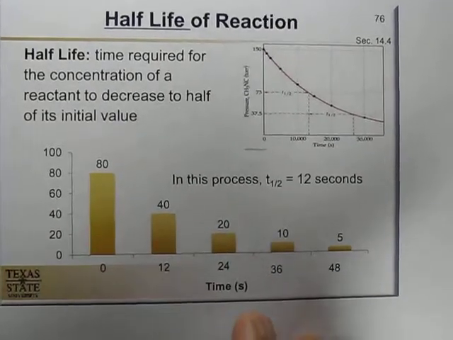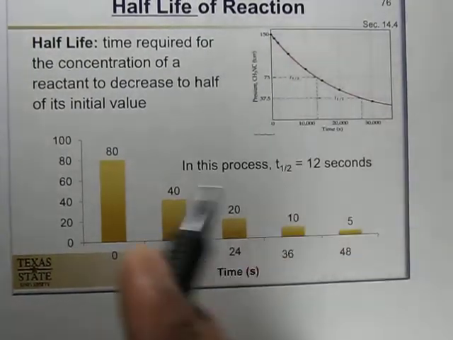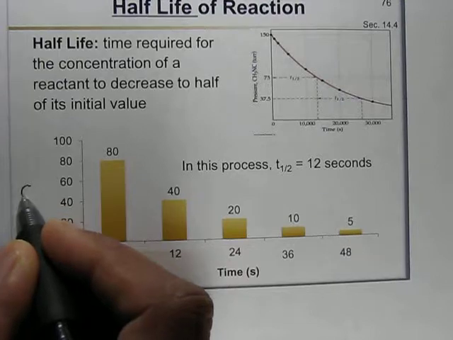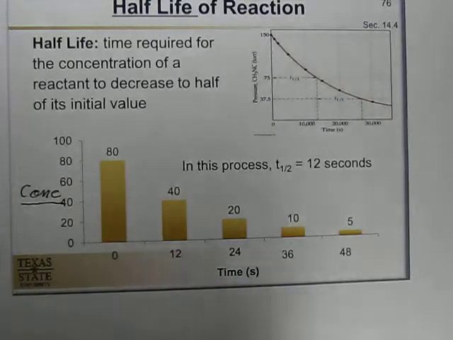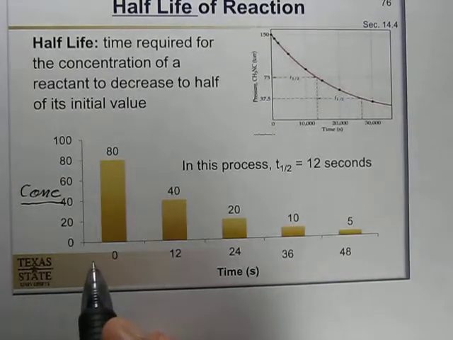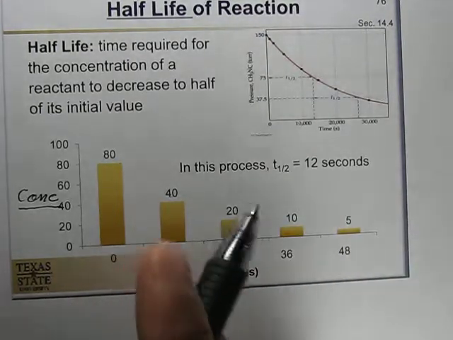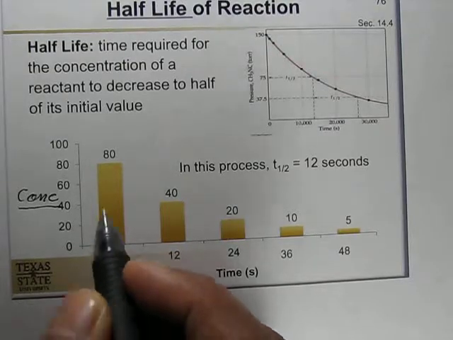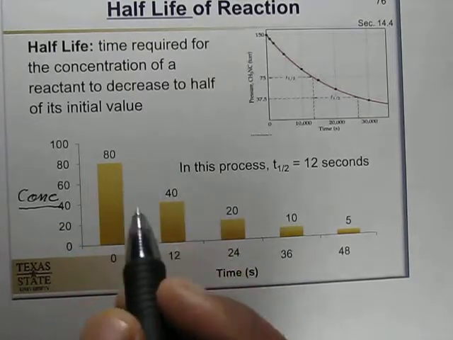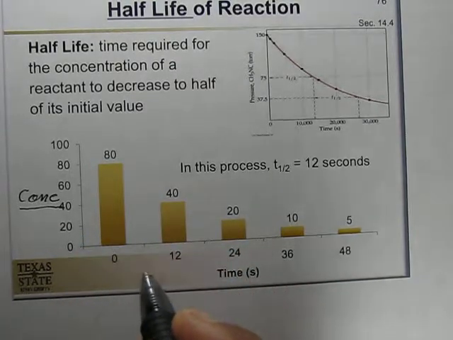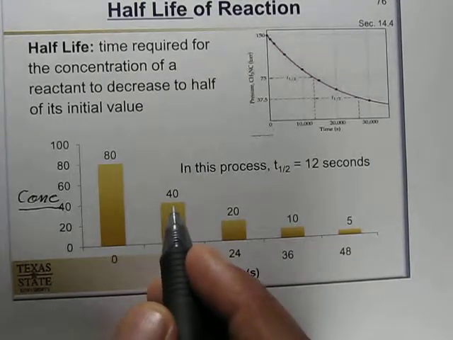Suppose we can understand this with this graph. This graph shows the concentration of reactant on the y-axis, plotted from 0 to 100, and time is increasing from left to right. If you notice in this bar graph, the first bar shows 80%, meaning the concentration of A is 80%, and after 12 seconds its concentration decreases to 40.